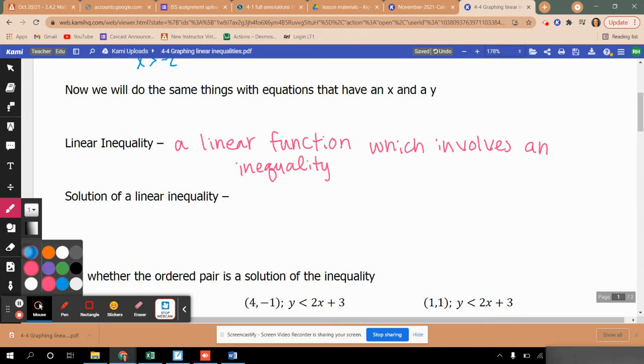And all I mean by inequality is greater than, less than, greater than or equal to, less than or equal to. So it just involves that instead of an equal sign.